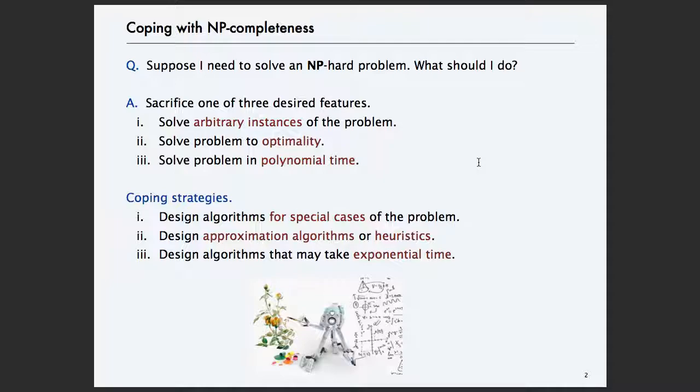So if I give up on solving arbitrary instances, I come up with algorithms for special cases. And hey, it worked for this special case, and that's what I really wanted. I don't need to do the general case. Maybe, right?